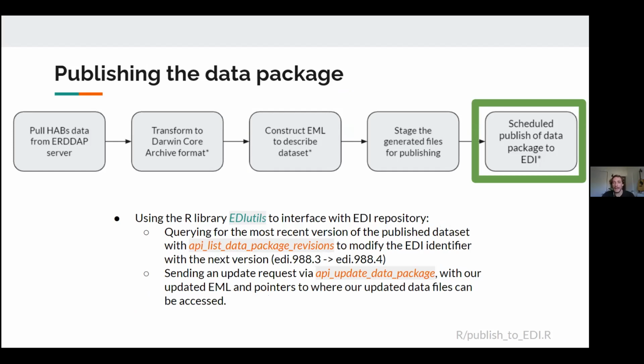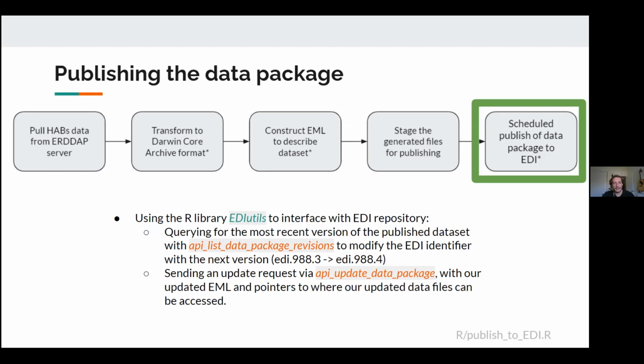As I mentioned, right now we have a script that is implemented to publish to EDI. And this is relatively straightforward because we were able to use the EDIutils R library to query the EDI backend to do this update.